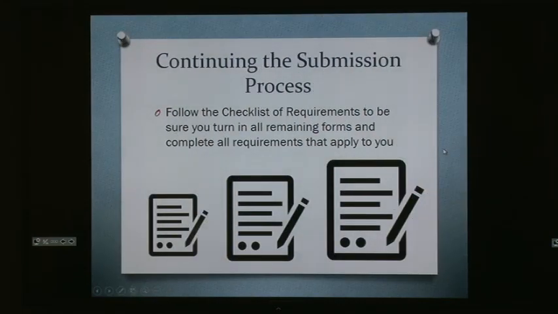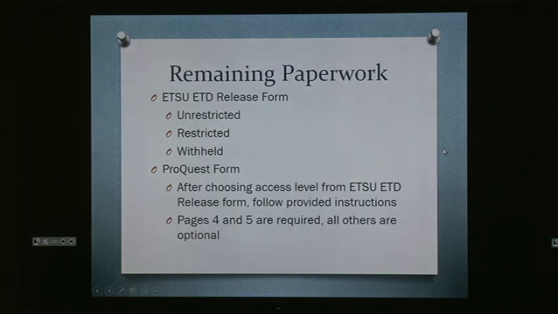Cool. All right. So continuing with the submission process, you'll continue to follow that checklist of requirements and turn in all the remaining forms that apply to you. Not all of them will apply to you. On the checklist, continuing on, is the ETSU ETD release form. That is the next page in your packet.